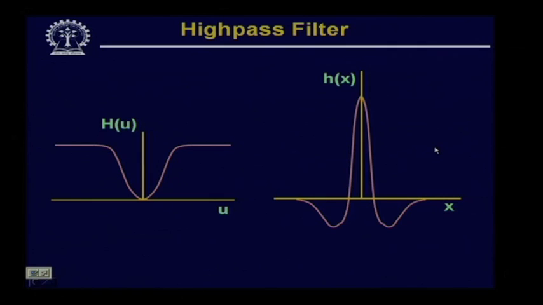Now, as you note from this particular function h x, h x can assume both positive as well as negative values. And an important point to note is, once h x becomes negative, it will remain negative; it does not become positive anymore.